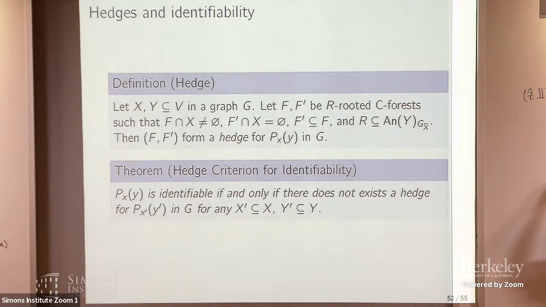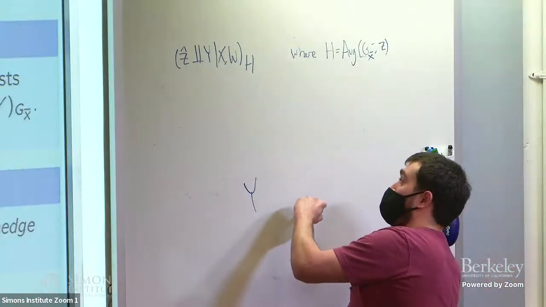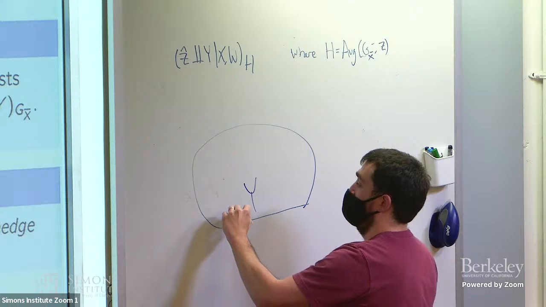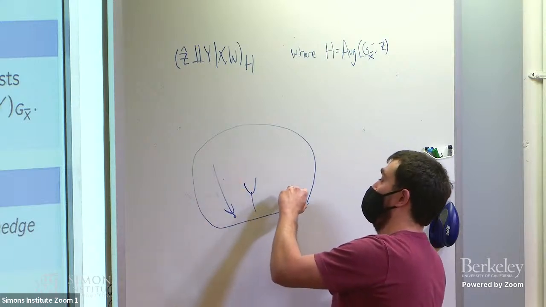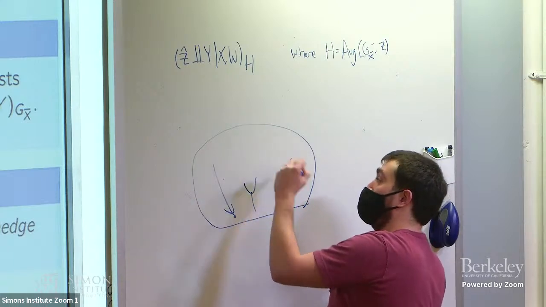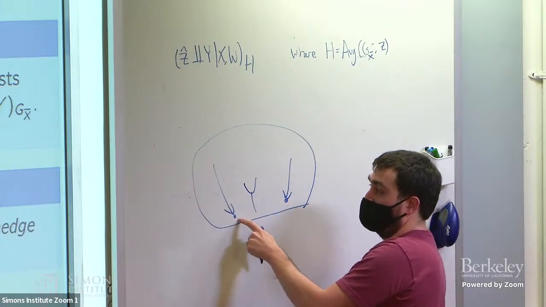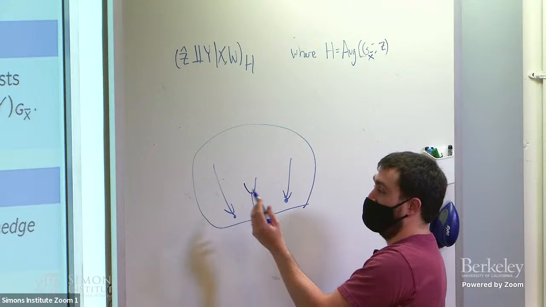So you have your set Y. And you have this F prime, which is some sort of confounded C-component with roots at the Y vertices, or at ancestors of Y, that's also okay.